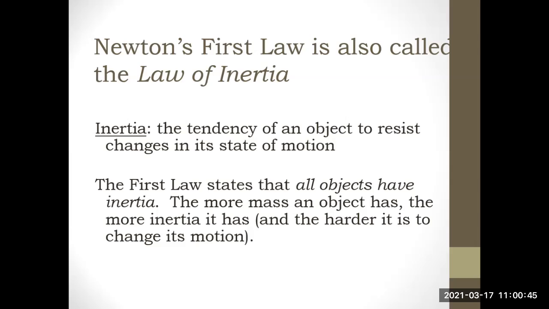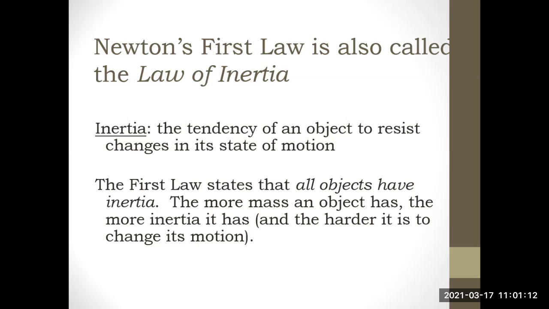The first law states all objects have inertia. The more mass an object has, the more inertia it has, right? If there is more mass, it will oppose the motion. If there is a huge iron ball, when I am going to push it, it will be very hard for me. So it is resisting a very high amount to change its motion, right?